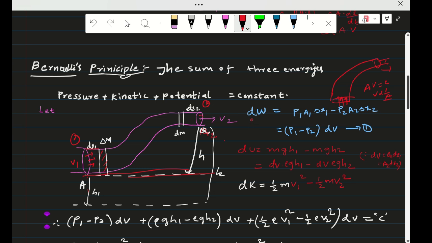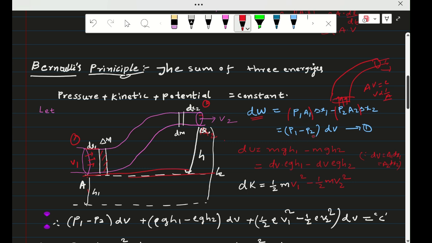So let's consider the work done on the fluid. That is equal to force into displacement, we know. Force is equal to pressure into area. Displacement here is delta x1 in 1 second of time. V1 means what? The rate of displacement; in 1 second, dx displacement is travelled. Therefore, work done by the pressure energy is equal to P1 A1 into delta x1.